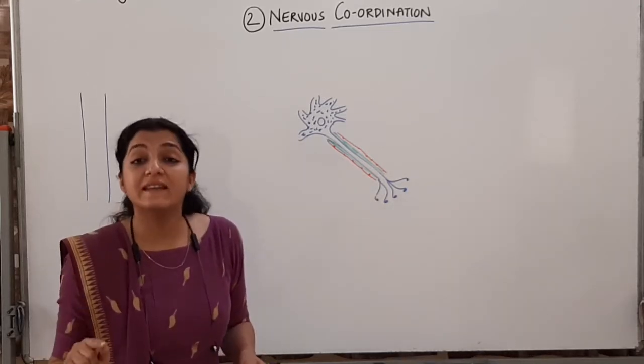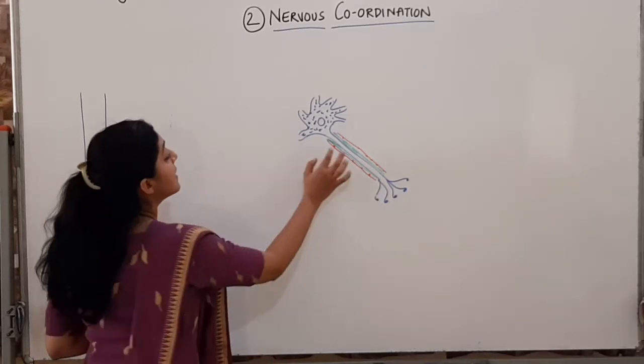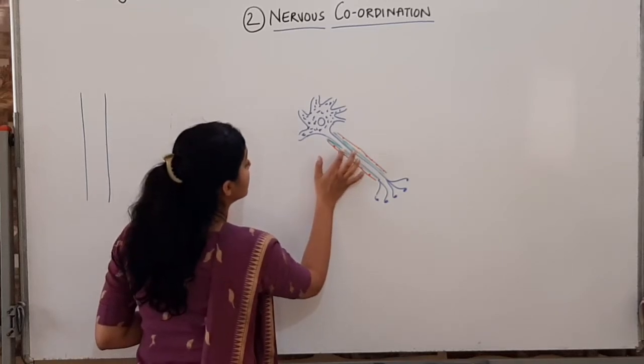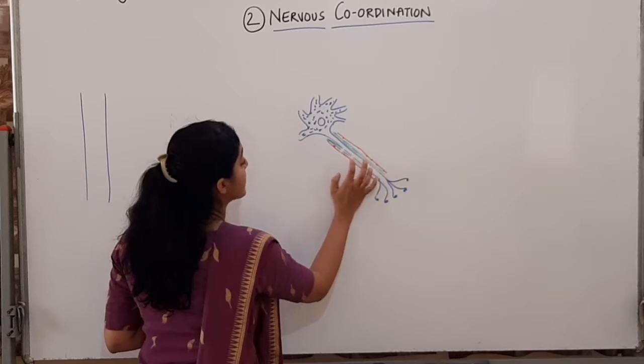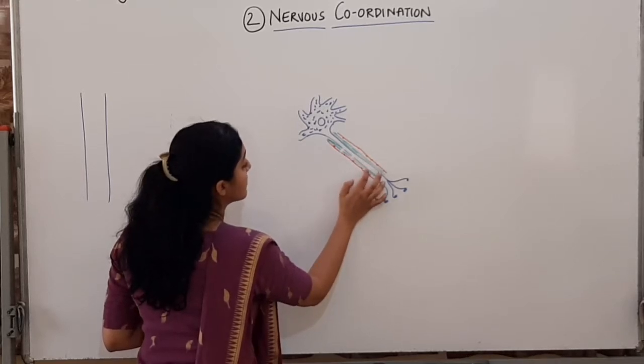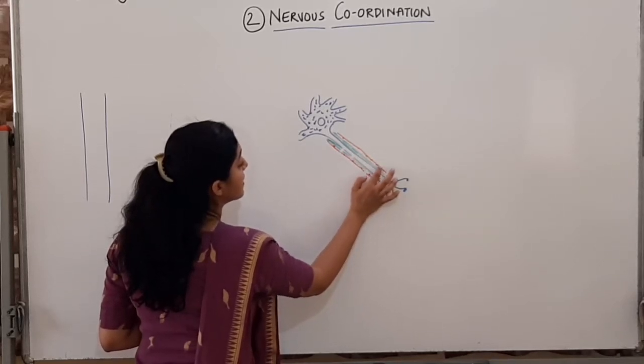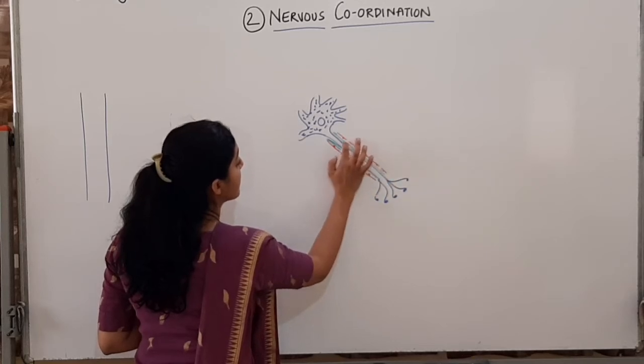We have also seen that these myelin sheaths are going to break in continuity. ये continuous नहीं रहेंगे, इनके बीच बीच में gaps रहेंगे, so that the outer environment will be in connection with the inner environment.